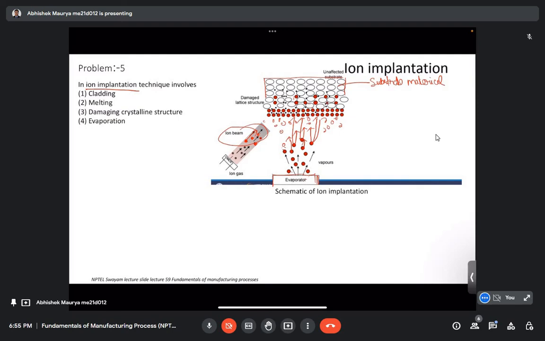For that, these ions come and collide with them, and when they collide, they transfer their kinetic energy to these atoms, which need to be deposited.